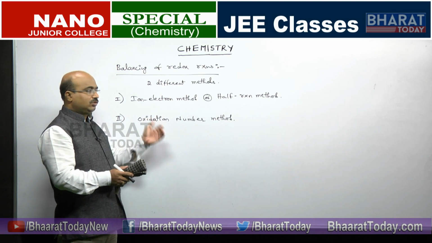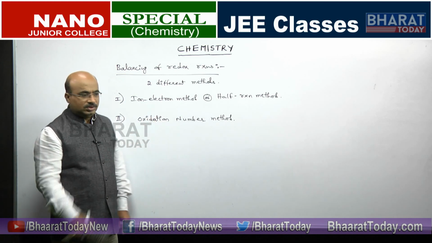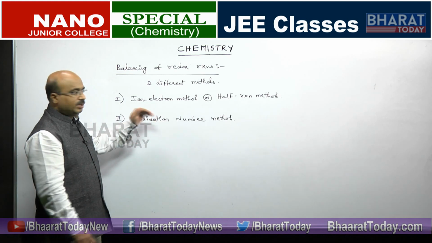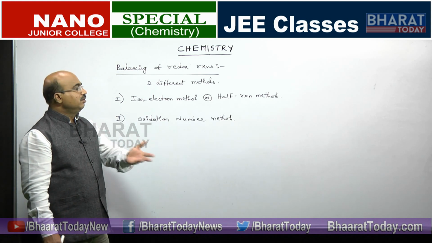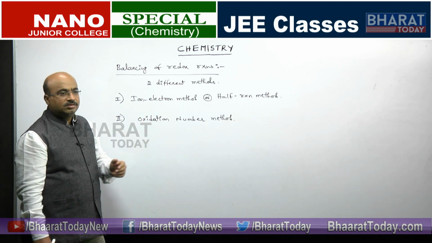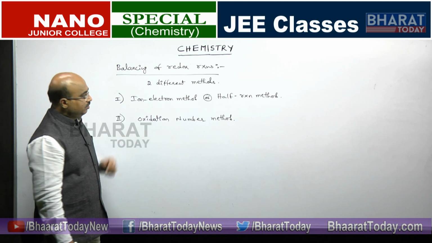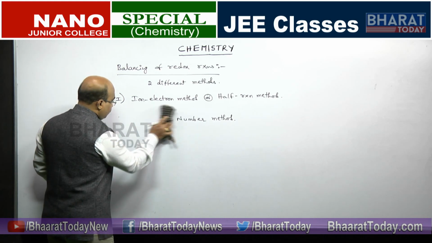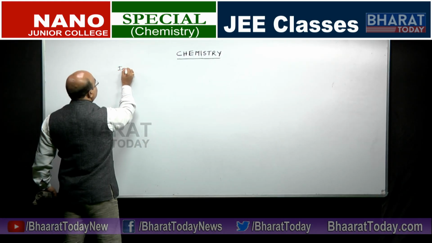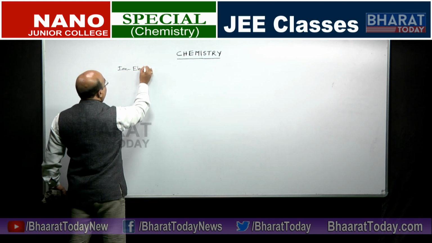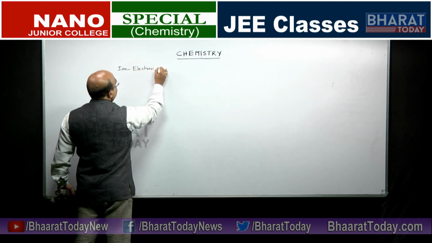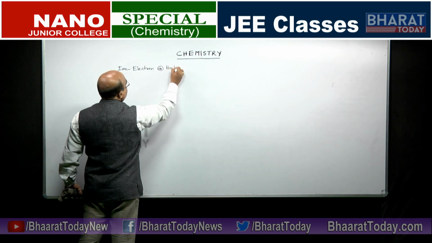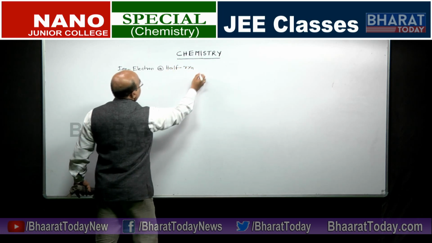So, there are 2 methods which we can apply. Let us start with the first method, the one with the limitation, then we will see the other method without any limitation and how you can do it. So, let us see the ion electron or half reaction method.